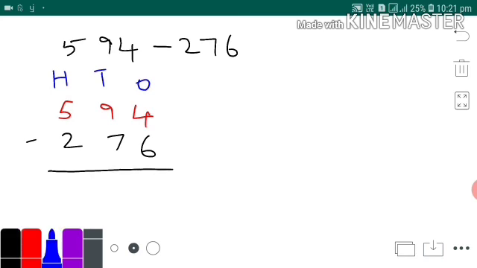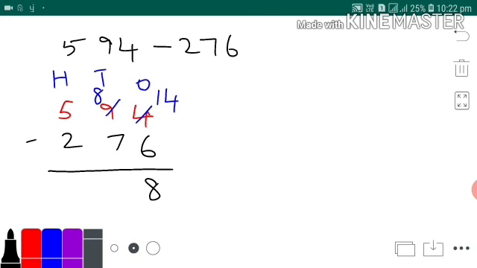As you know, start from the ones place. 4 minus 6. 6 is greater than 4, so you cannot subtract. So regroup the tens place, make this 9 as 8 and your 4 will become 14. So what is 14 minus 6? As I told you, do the forward counting from 6 till 14. After 6 it is 7, 8, 9, 10, 11, 12, 13, 14. So your answer is 8.